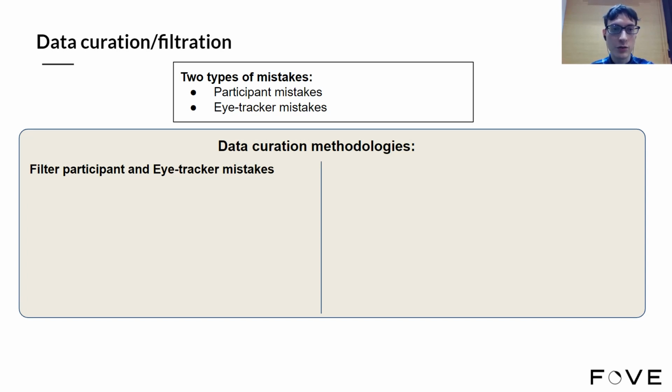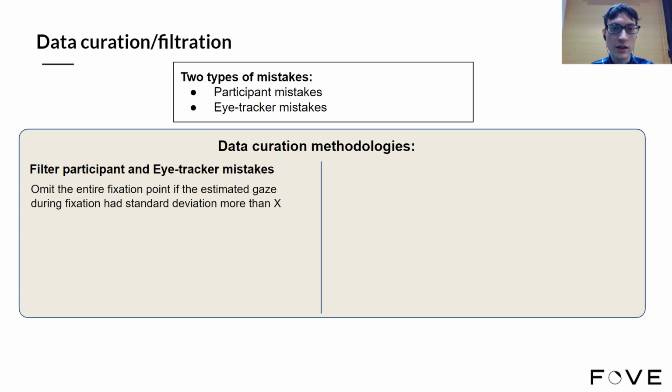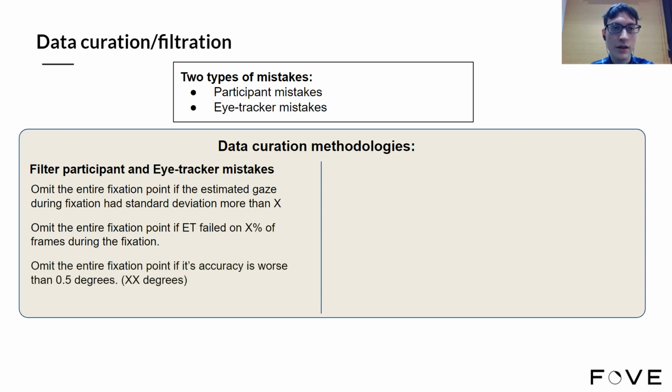Some examples of such curation would be: omit the entire fixation point if the estimated gaze during the fixation has standard deviation more than XX, or omit the entire fixation point if the tracker reported failure on more than XX% of frames, or omit the entire fixation point if its angular distance to the ground truth is bigger than some small threshold. This leads to a final assessment that would be achievable only under ideal situations.